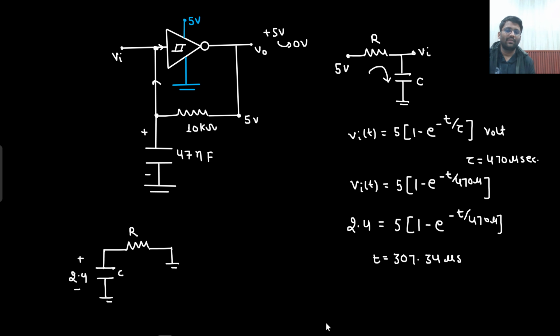This is the scenario. Now what will happen? This capacitor will discharge. Right? So how will it discharge? What will happen to this V in T? Output is at 0. So now the V in T equation would be, from 2.4 volt it will discharge.